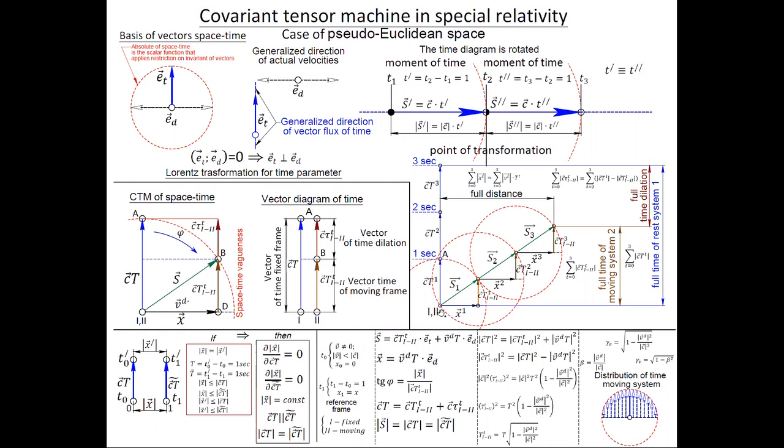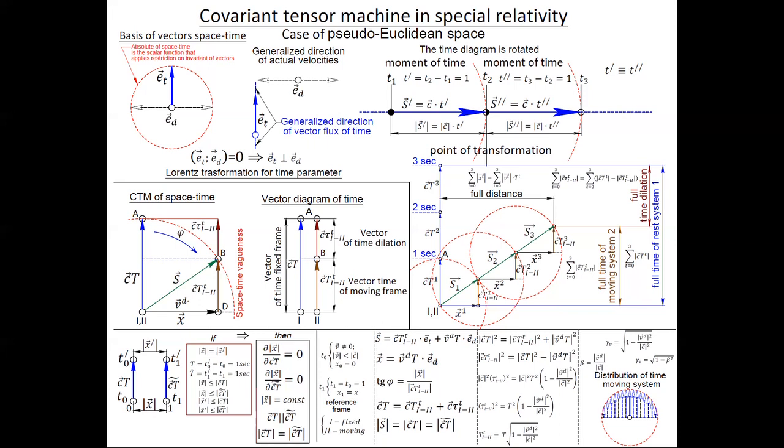Two is a moving reference frame or a moving observer. In the rest reference frame, 3 seconds go by. It's the full time of the rest system. The rest frame moves along only the time direction. It's because actual velocity is equal to 0.